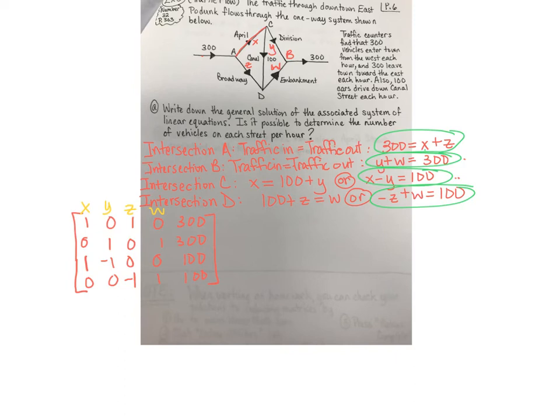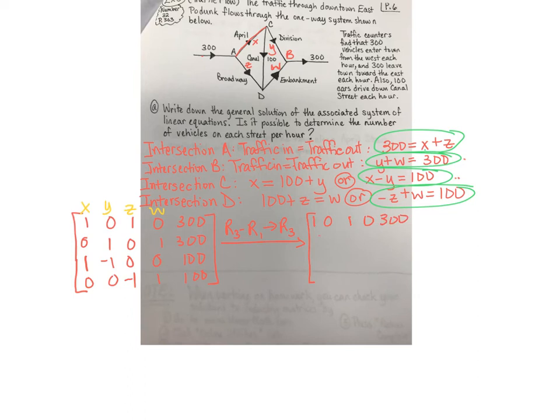Looking at column 1, we already have zeros here and here. We just need one here. So let's just subtract the rows and get a new row 3. So row 3 minus row 1 to get a new row 3 gives us the following matrix. 1, 0, 1, 0, 300.